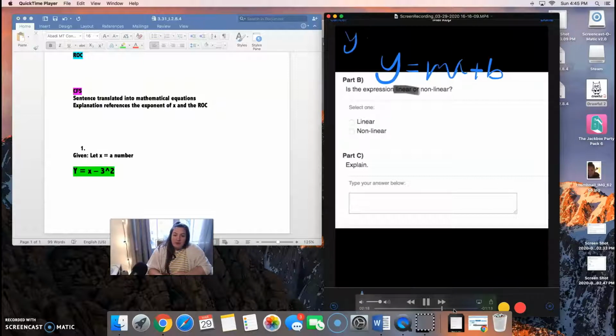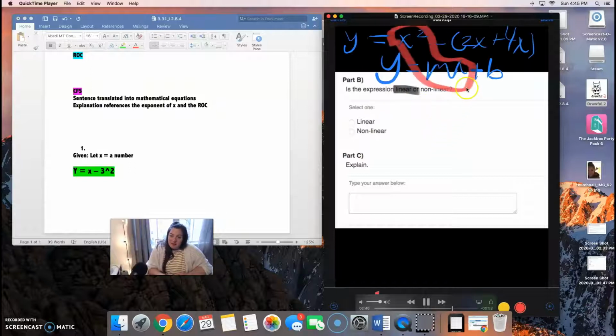When we compare that to the equation we got from the problem before, y equals x squared minus the sum of 2x plus 4x, that right away should tell you that because of the x squared, it's not going to be linear, because for an equation to be linear, the exponent on the x has to be equal to 1, giving it a constant rate of change.